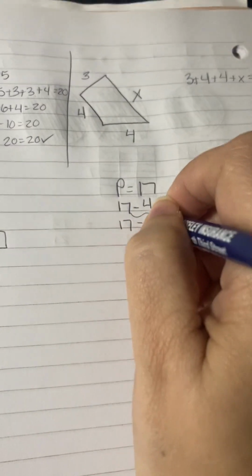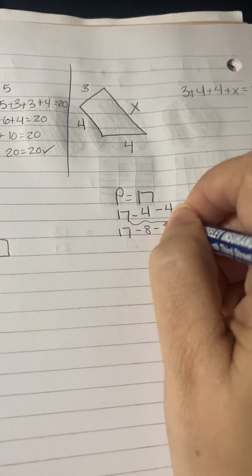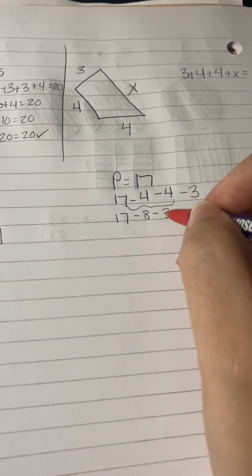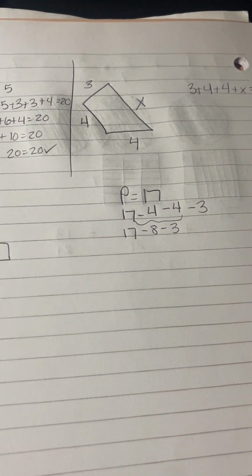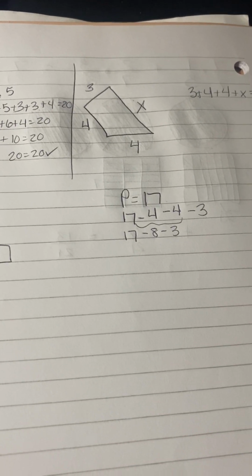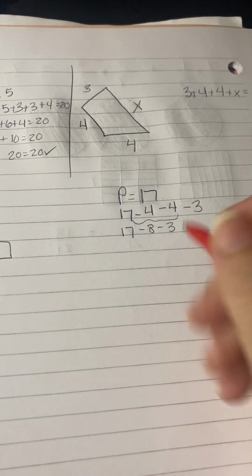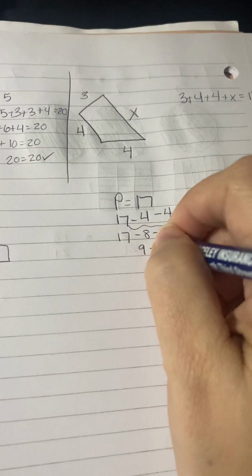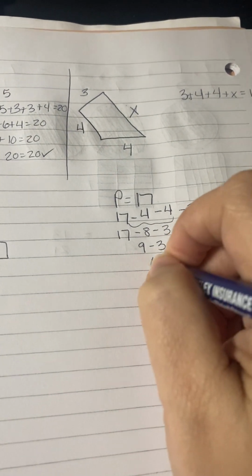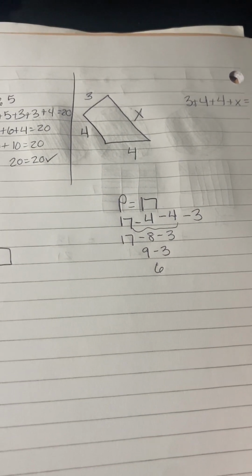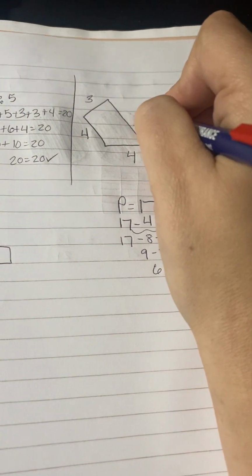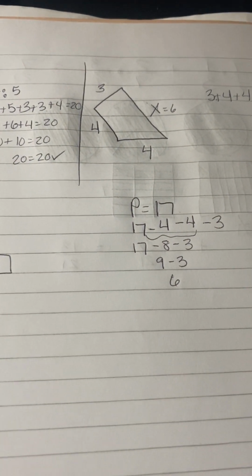So 17 minus 8 minus 3. Oh, let's see. 17, 16, 15, 14, 13, 12, 11, 10, 9. I just counted on my fingers. 9 minus 3 is 6. So it looks like my missing piece is 6.